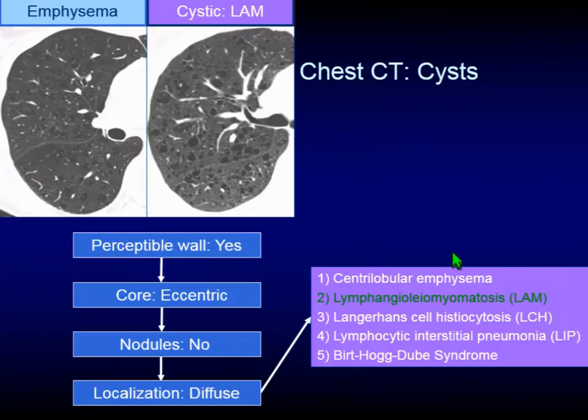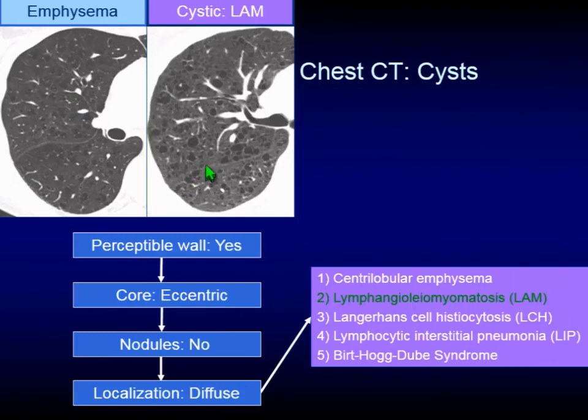So let's compare and contrast with LAM. Here again we see cysts, dark little air-containing foci. But the difference when you compare that to emphysema is that all of these cysts have a little bit of a wall, 1 to 2 millimeters.